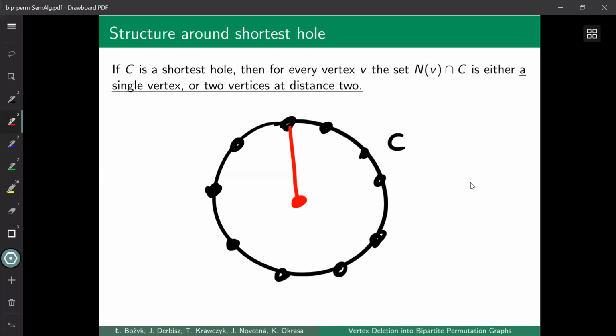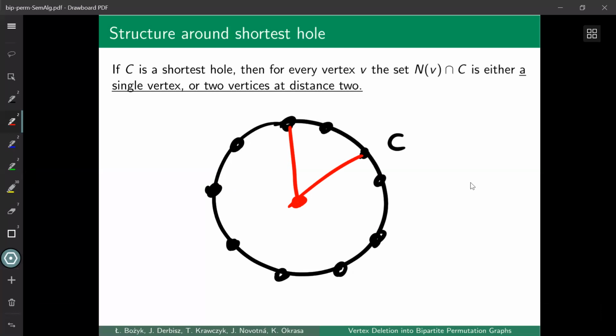Let's take the first one clockwise, the earliest one. If it's here or here or here, if we have 2 or more vertices apart, we get a shorter hole, which is a contradiction with C being the shortest one. Maybe, but for this situation, yes, we have a hole of the same size. Either way, we have this closer neighbor at distance 2 apart, and it's fine for now.